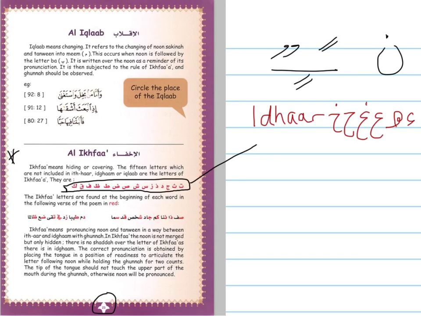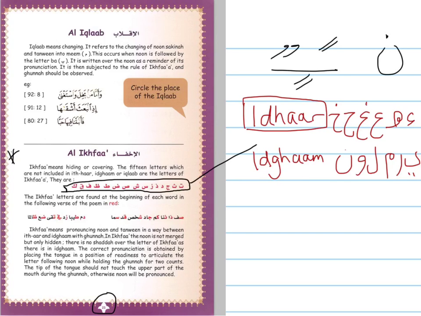The Idgham letters are the Yarmaloon letters: Ya, Ra, Mim, Lam, Waw, and Noon. So whenever you see Noon Sakinah and one of these 6 letters, you have to apply the Idgham.